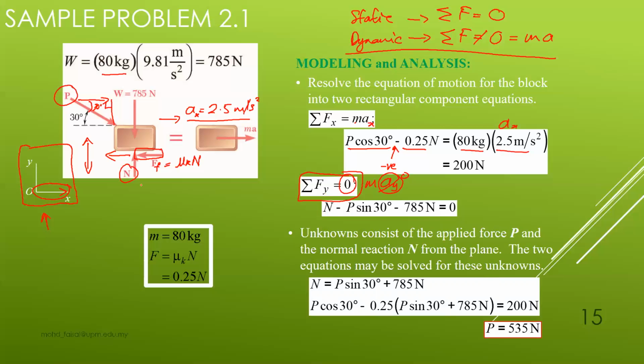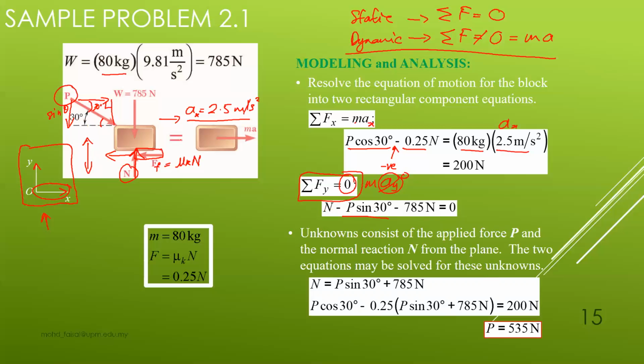In the y direction, we have N, the normal force going up, and also the component going down from this particular P, which is P sin theta, and then minus, because it is pointing down. Y pointing up is positive, so here P is pointing down, so it is negative.